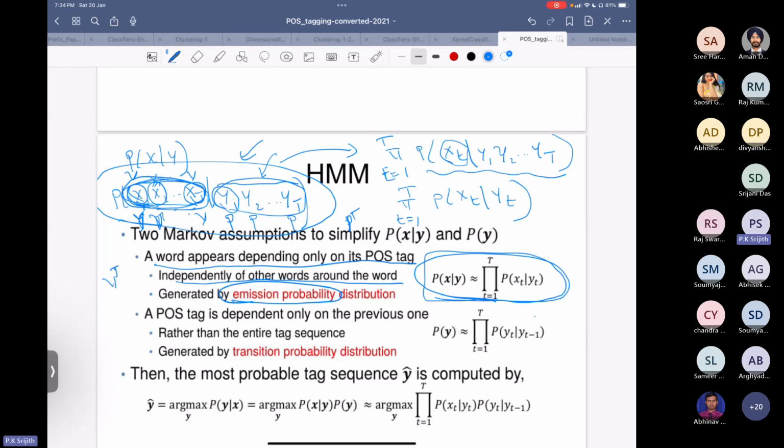That means we just need to learn one model p of xt given yt. How many parameters do you need?